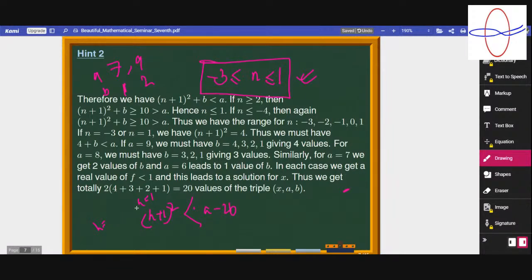Sorry, n equal to 0, let's check. So for n equal to 0, a minus 2b must be greater than or equal to 2. Okay, so therefore a must be greater than or equal to 2 plus 2b, which is greater than or equal to 4. So for b equal to 1 we have other choices also. Okay, rather it should be asked how many such a's and b's are possible. How many pairs? I think if you just do it case by case, you can get this whole problem in your fingers.